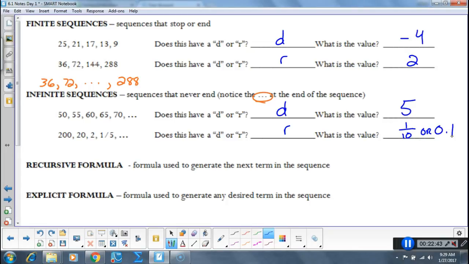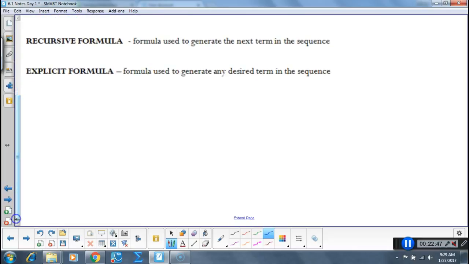Remember, to find any term, we'll go down here for a second.